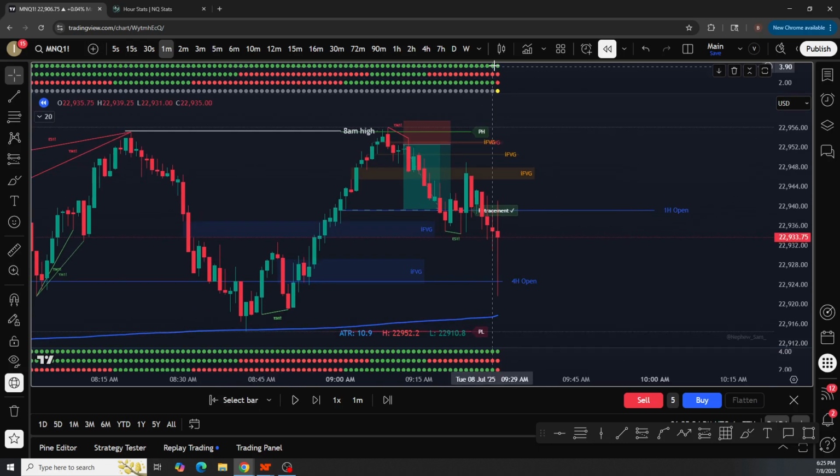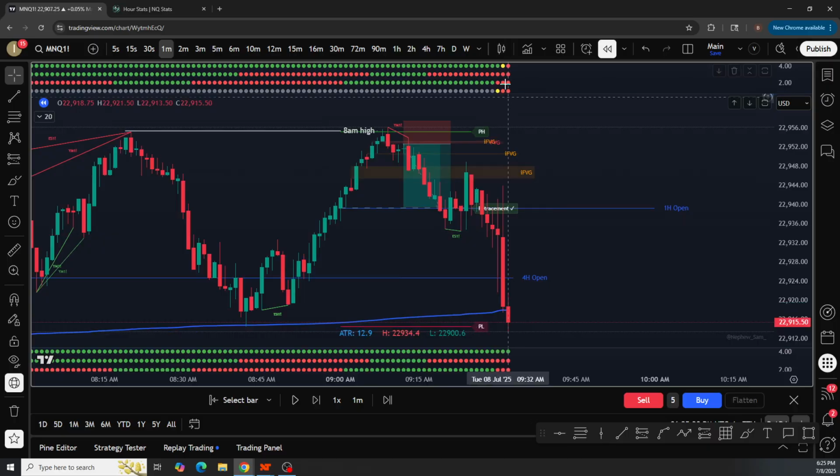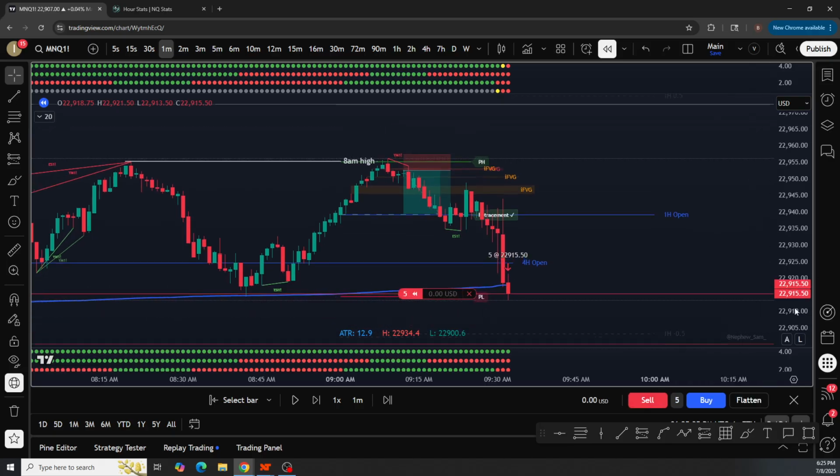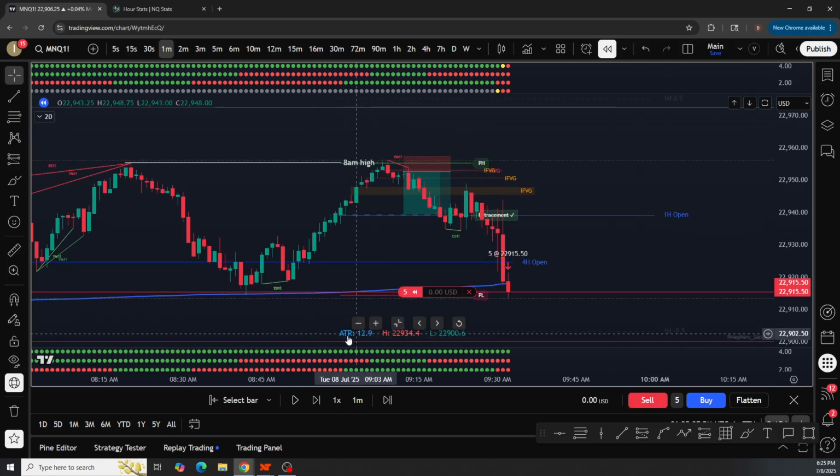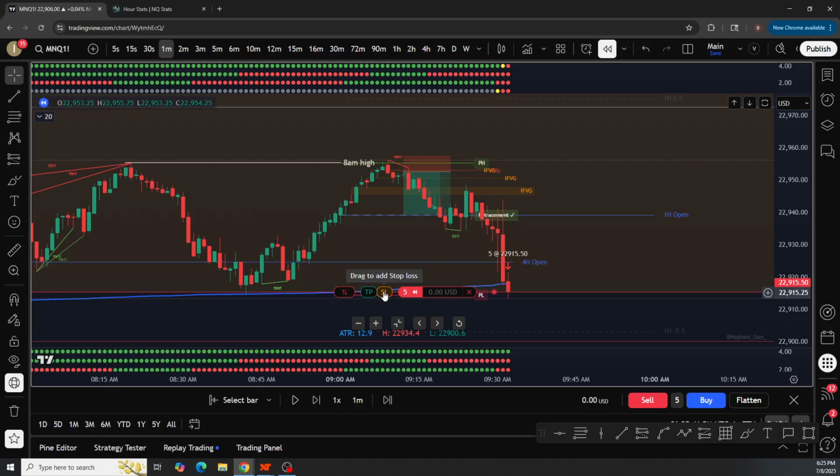And I will show you when they go red. So right here, this is the first column of all red dots, selling the close of the 1 minute candle using whatever the ATR is, call it 13 points.